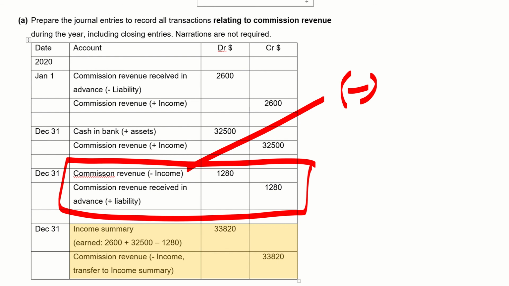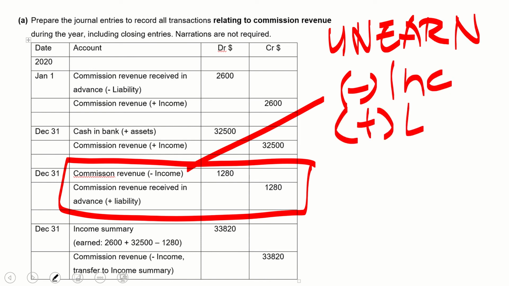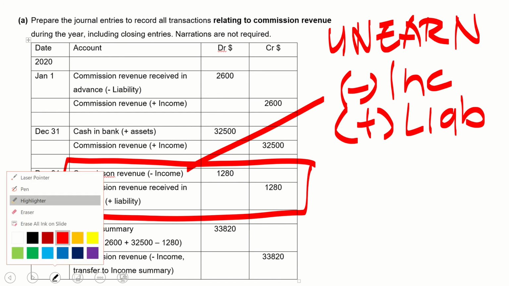Since it has not been earned, the business should not record it as an income. And that's why you need to deduct away income and increase a liability. You owe work amounting to $1,280 to your customers. So you minus income because unearned, plus liability.